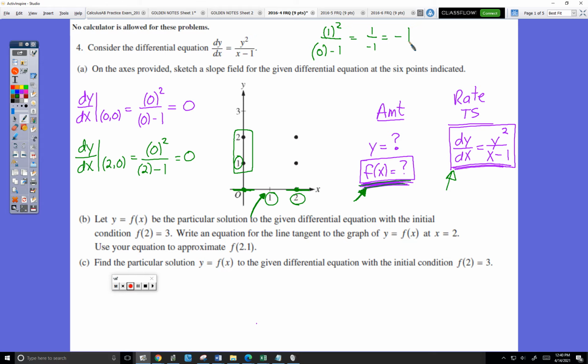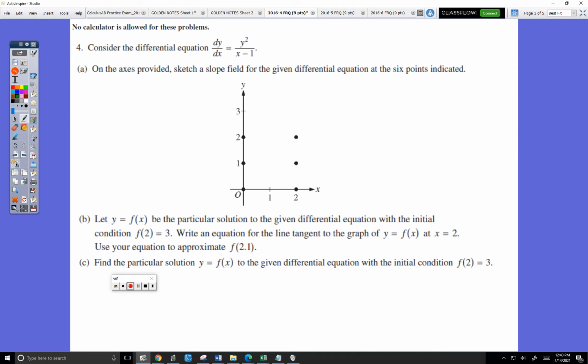So we have to draw that slope field now. A slope of negative 1 would be precisely like so, where you're going down 1 and over 1. You don't want to draw a line that big. That's not what a slope field looks like. So I draw this. Here are the first two segments I drew for the slope field, and then I add a segment there with a slope of negative 1.